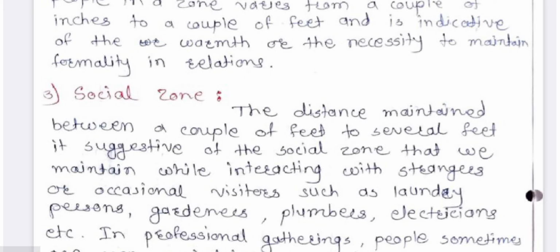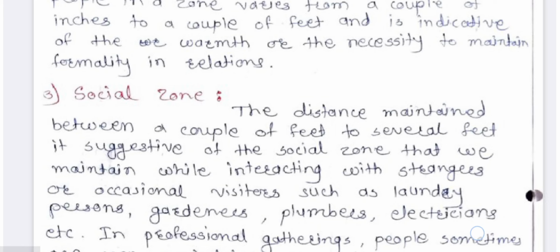Next is the social zone. It is the distance maintained between a couple of feet and several feet, which we have to maintain while interacting with strangers and occasional visitors such as guests, and some people who are part of our daily life like the laundry person, plumbers, electricians, and the watchman.